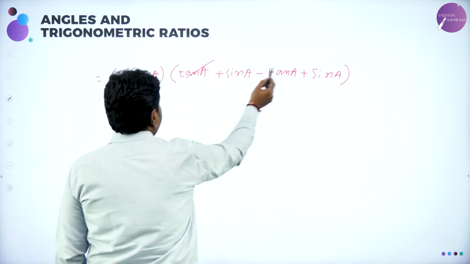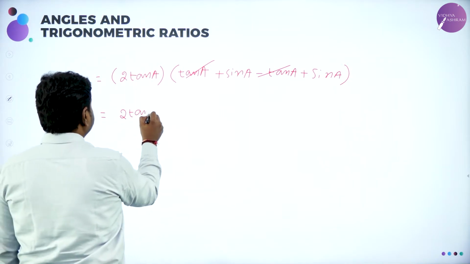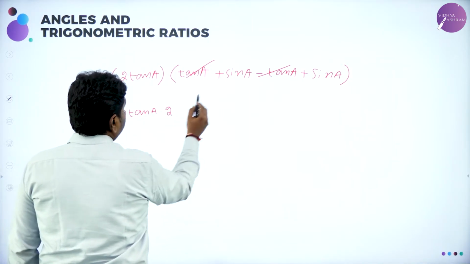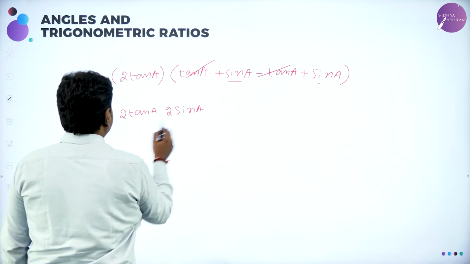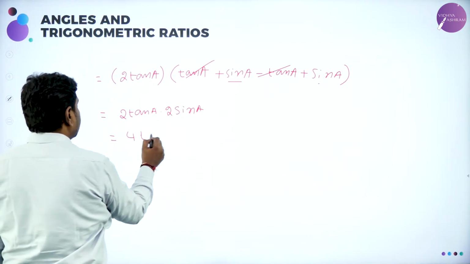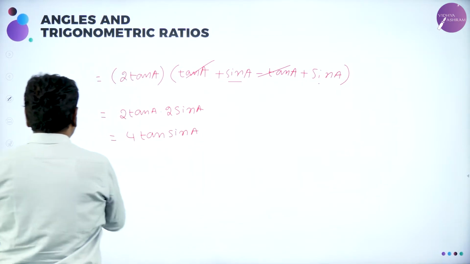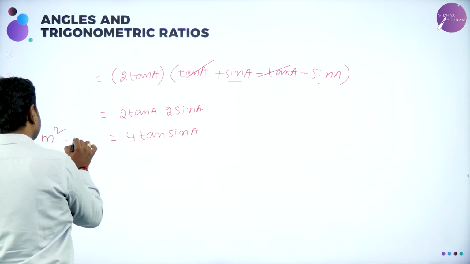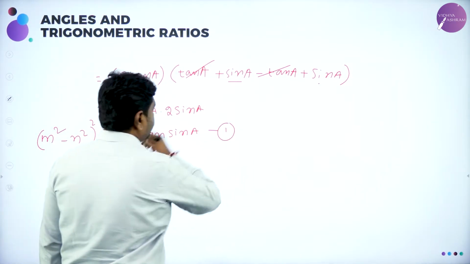Now plus tan a minus tan a cancels. You will get 2 tan a into 2 sin a plus sin a is what? 2 sin a. So totally we will get 4 times tan a sin a. This is your LHS. This is the value of LHS. LHS means what? M square minus n square whole square. We got this. Call this equation 1.